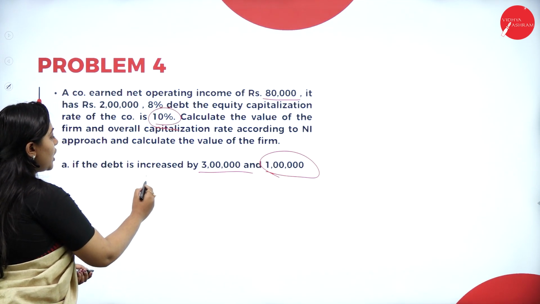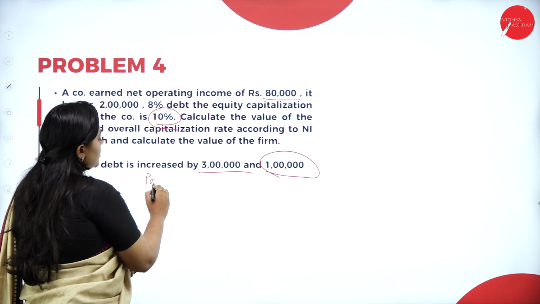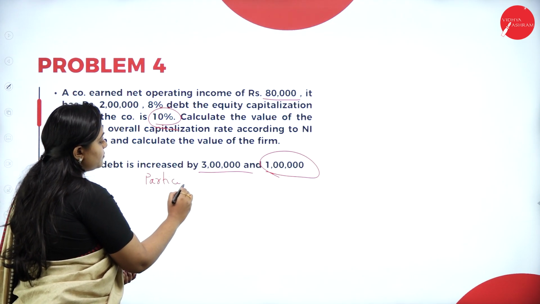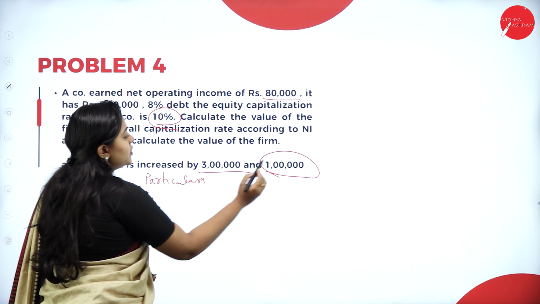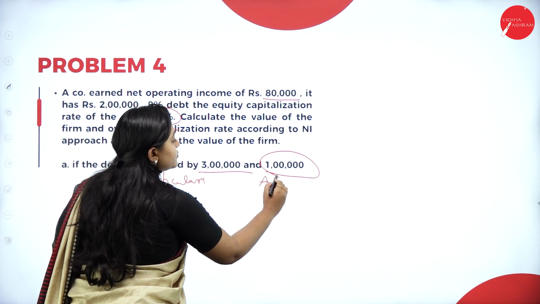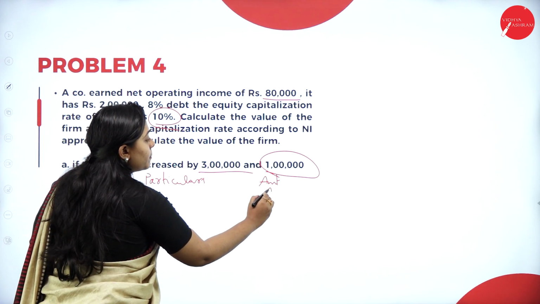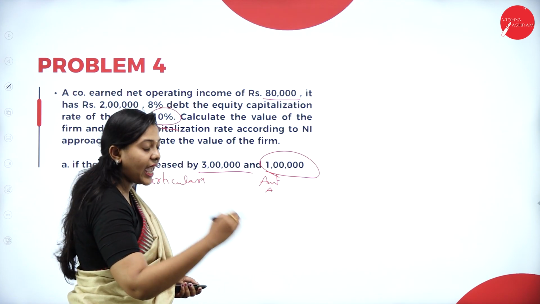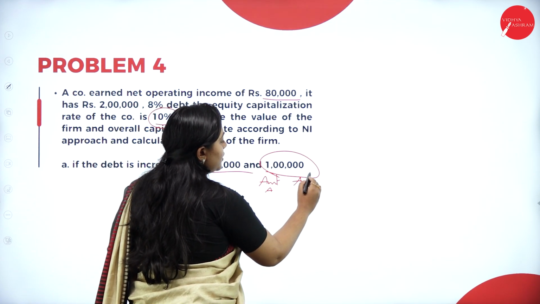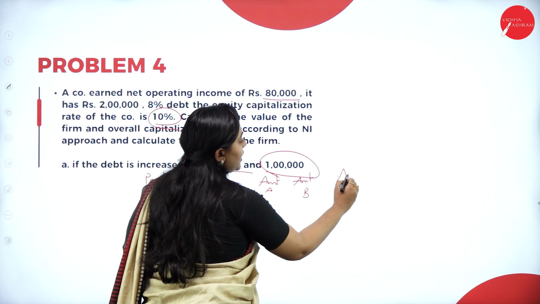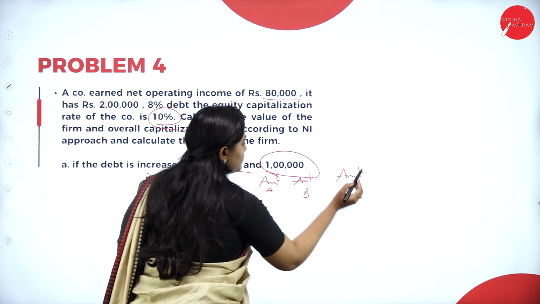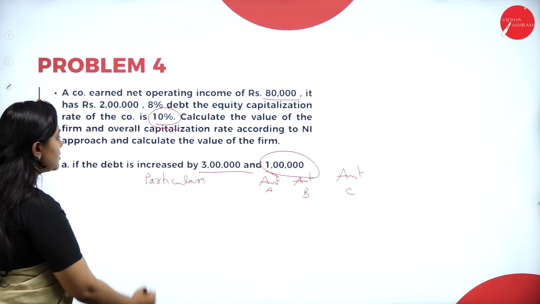So, according to our format: particulars, amount, case 1, let's consider it as case A, case B and case C. So, what is the format?